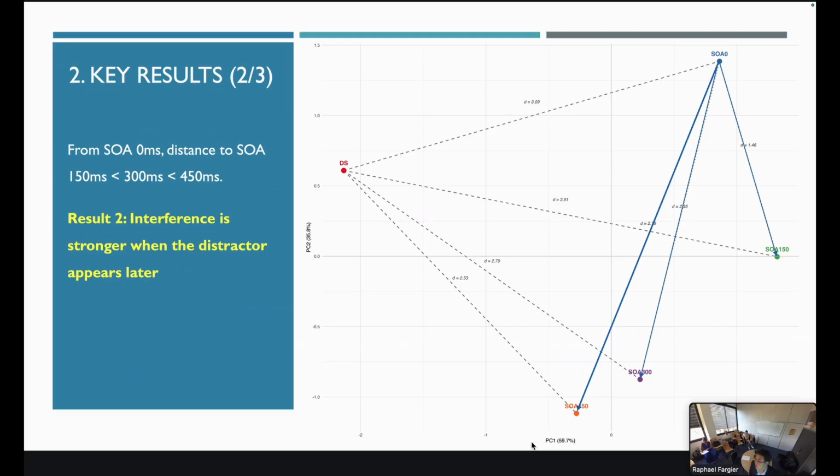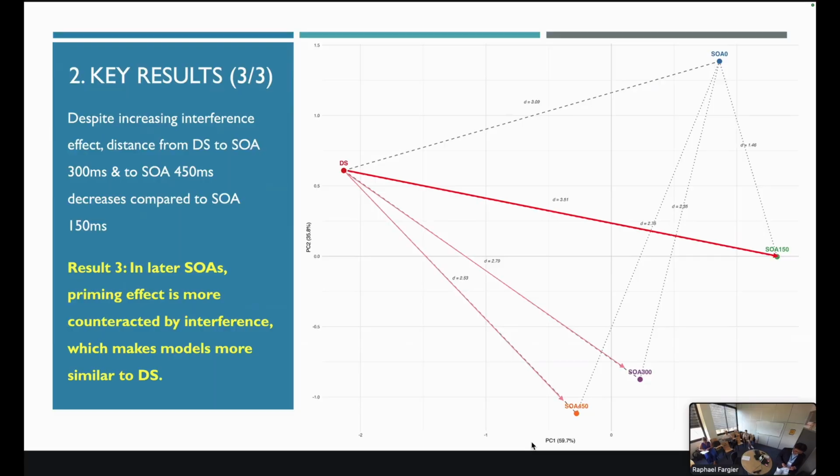Second, when we take the SOA 0 as the reference for the interference and we measure the distance to SOA 150, SOA 300, and SOA 450, we see that the distance increases and reaches the peak at SOA 450. So it suggests that the interference is stronger when the distractor appears later. And we know the interference effect is getting stronger.